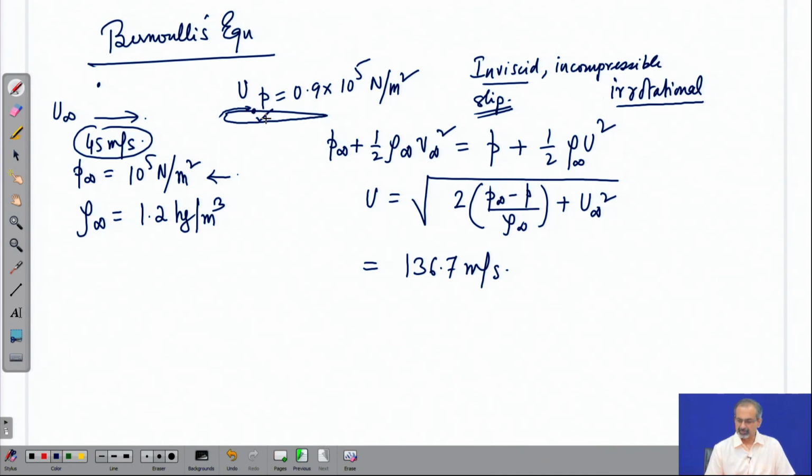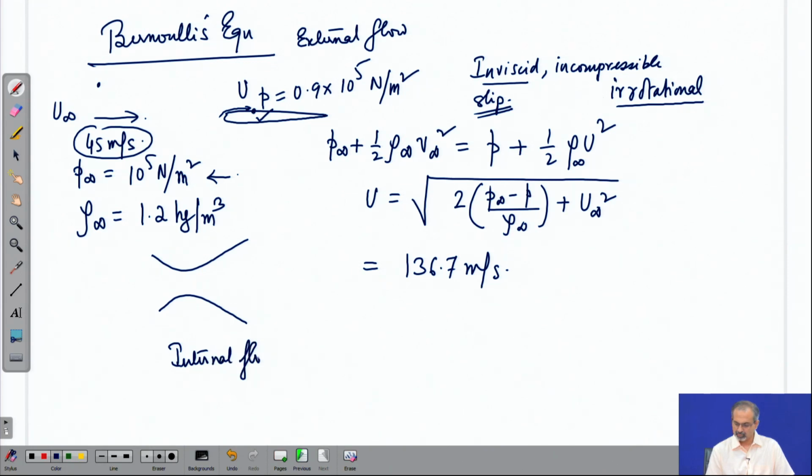Similar acceleration may be produced if you take this flow through an internal passage. This was an external flow past the airfoil. Similarly, you can have internal flow through a duct.